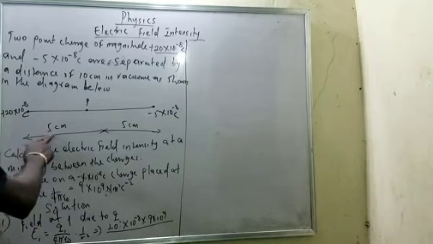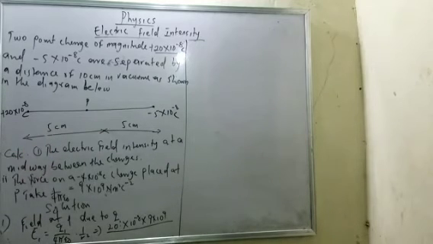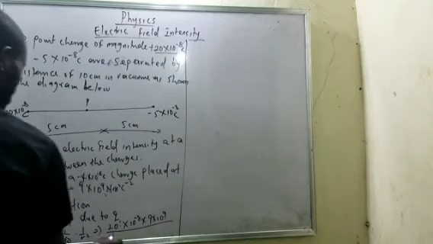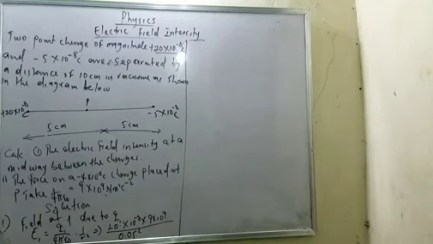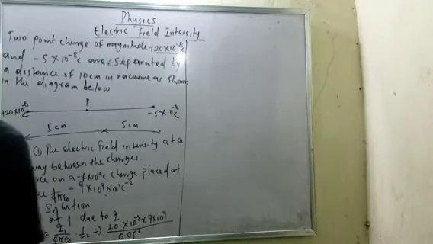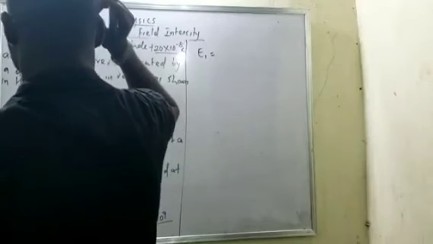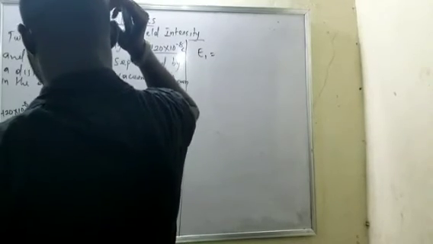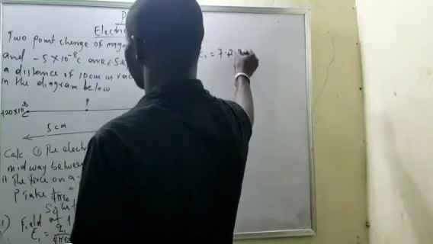This is 5 centimeter, convert this centimeter to meter, which is 0.05 meter squared. By so doing that, press your calculator. We have my E1 will be equal to 7.2 multiplied by 10 raised to the power 5 Newton per coulomb.